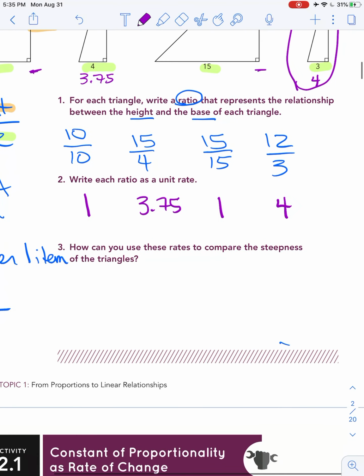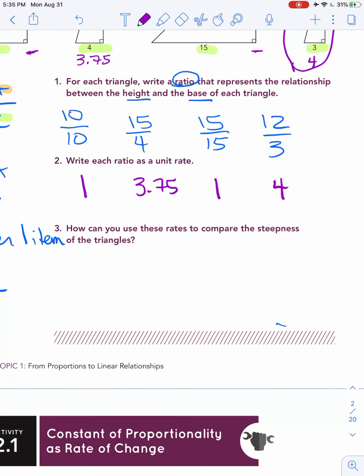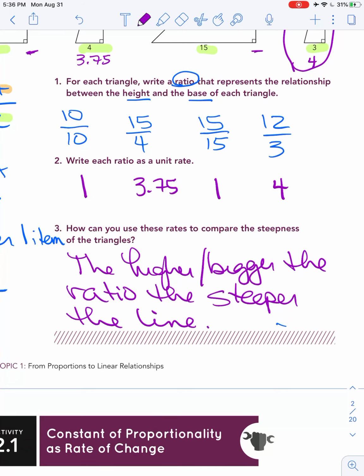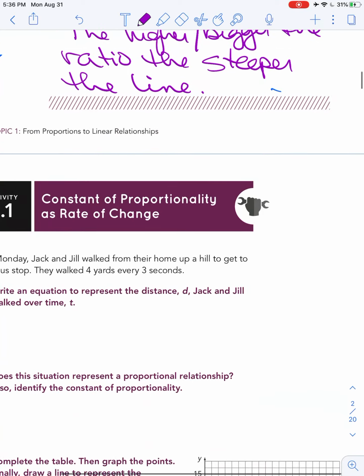So how can you use these rates to compare the steepness? The higher or bigger the ratio, the steeper the line.